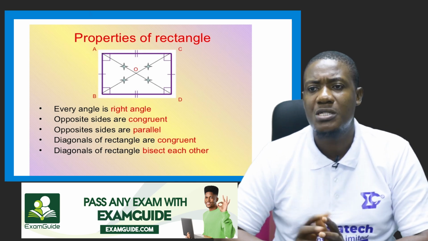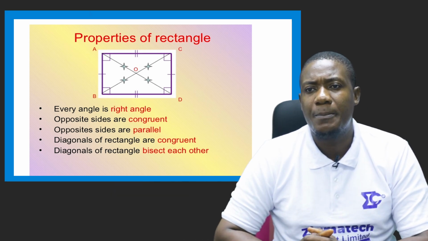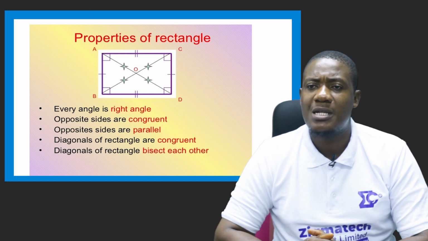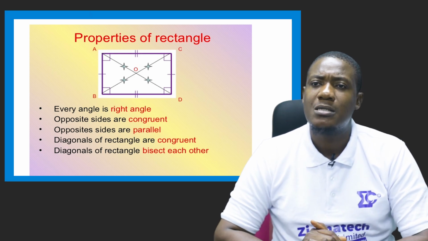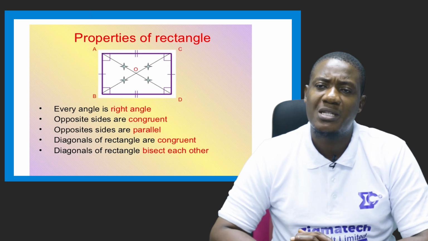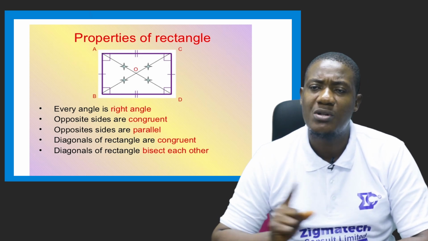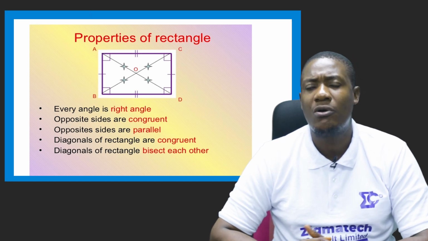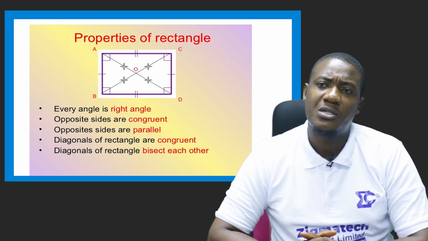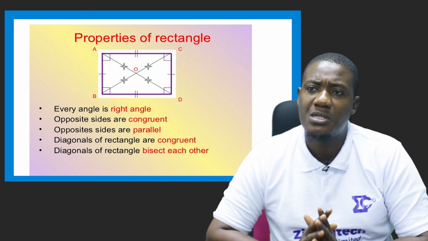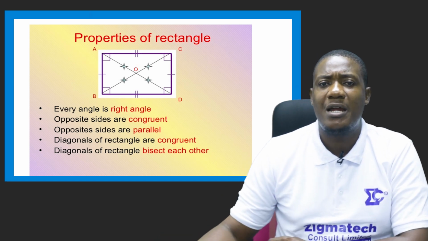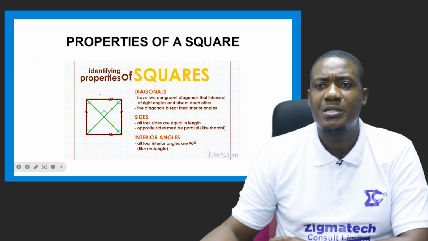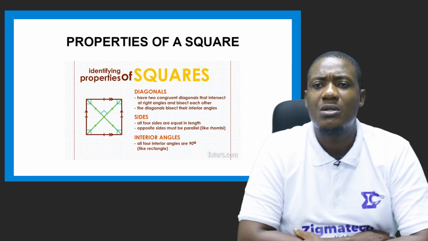So don't confuse it with a square. A rectangle has 2 lines of symmetry. The diagonals don't bisect the angle 90 degrees. Therefore, the diagonals of a rectangle cannot be taken as a line of symmetry. Please take that into consideration.